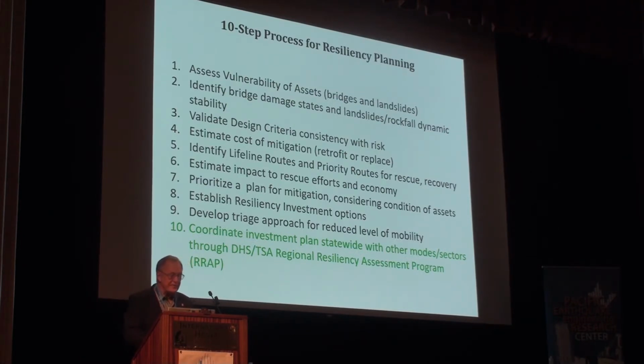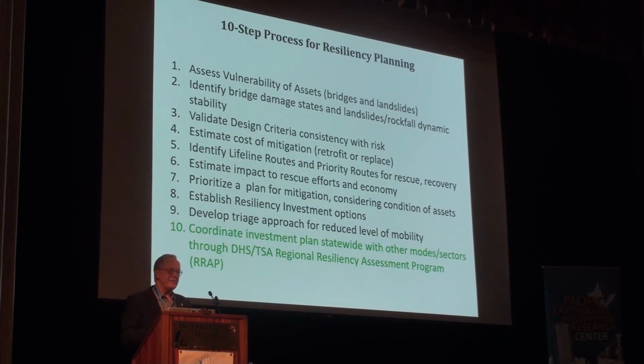So I'm going to talk about assessing vulnerability, identifying damage states for bridges, validating design criteria, looking a little bit at risk, how to come up with estimated cost of mitigation, and how we identified our lifeline routes and priorities.